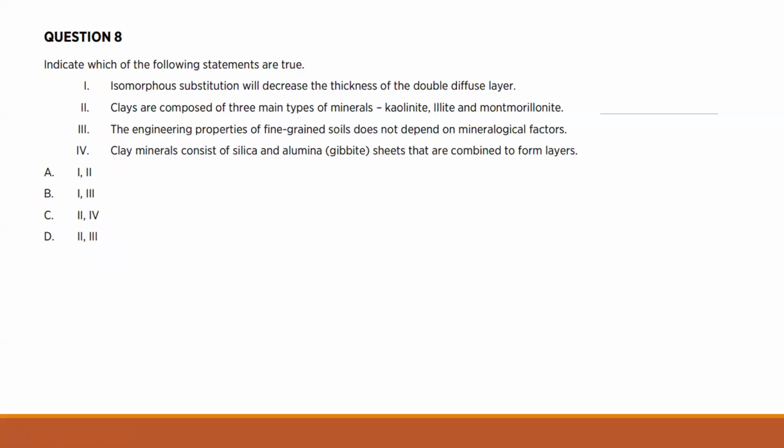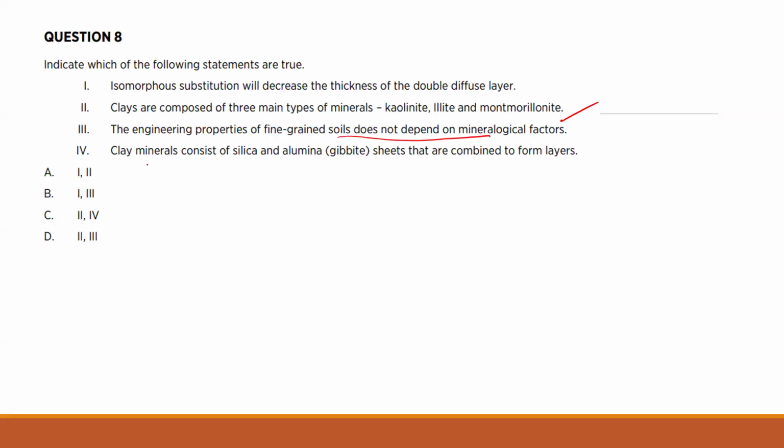In the second one, indicate which of the following statements are true. Isomorphous substitution will decrease the thickness of the double diffuse layer. Clays are composed of three main types of minerals; you can do some research on this one, we didn't discuss some of these. The engineering properties of fine grain soil does not depend on the mineralogy factors.